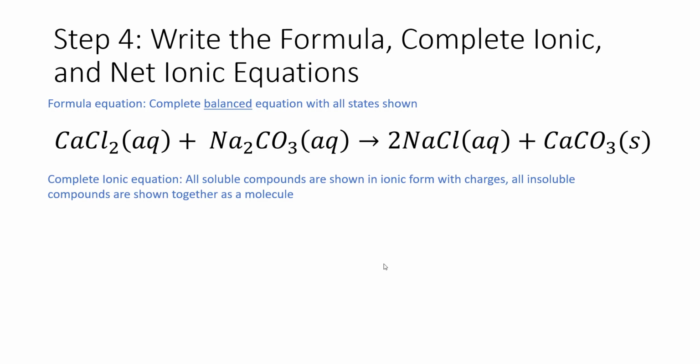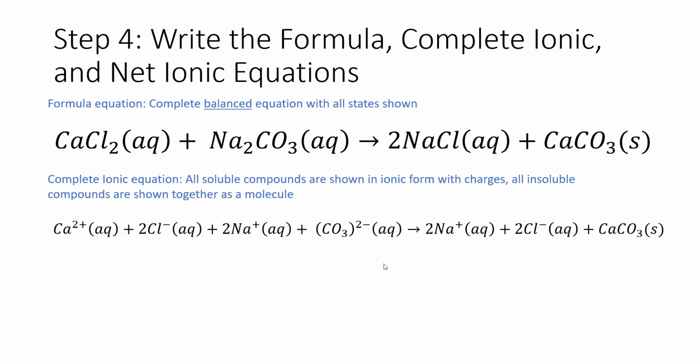Now your complete ionic equation. Turn everything into ions, show me all of the ionic forms, but then make sure you leave your calcium carbonate grouped together because it is not soluble. It is a solid. All right, so what you've seen here on the screen is us doing this. And so you can see that for chlorine, there's 2 of them.